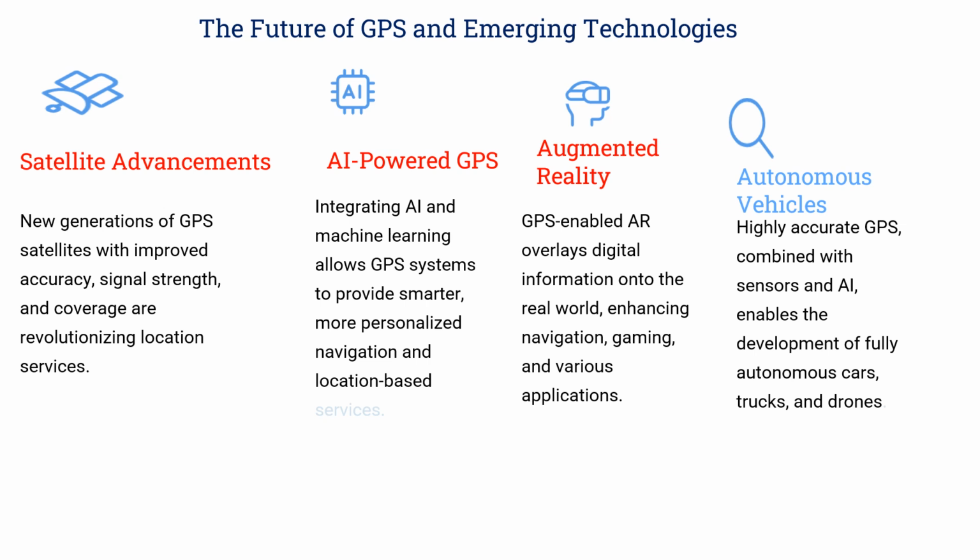And recently, highly accurate GPS combined with sensors and artificial intelligence can enable the development of fully autonomous cars, trucks, and drones. That is the future of GPS, combined with emerging technologies.